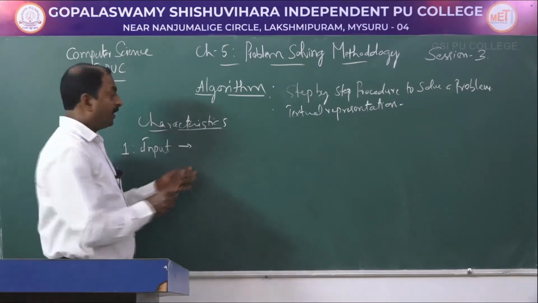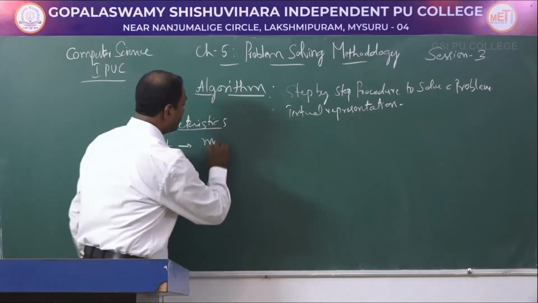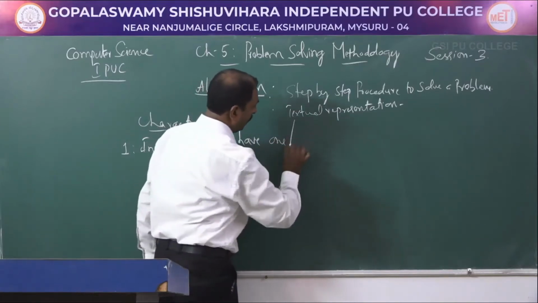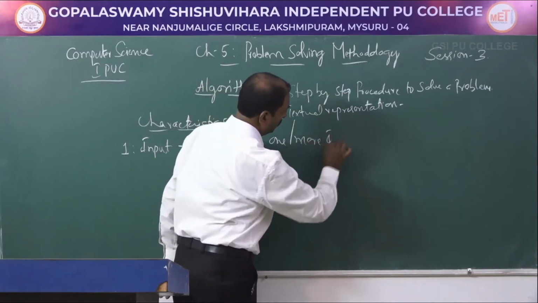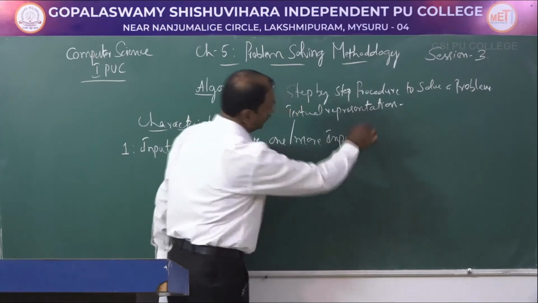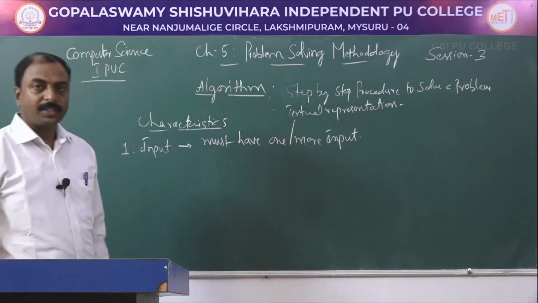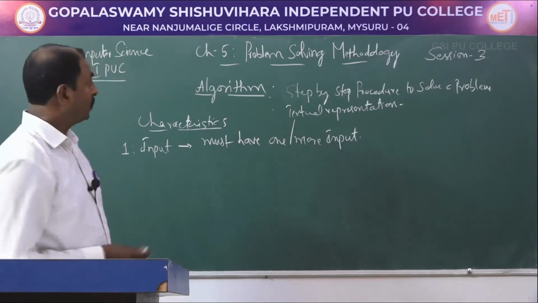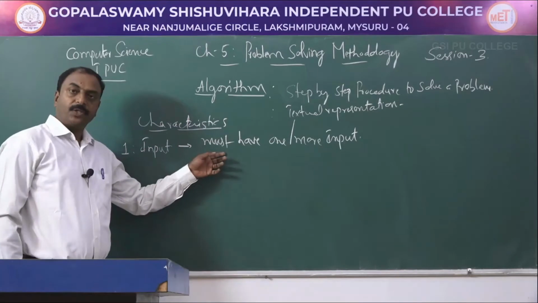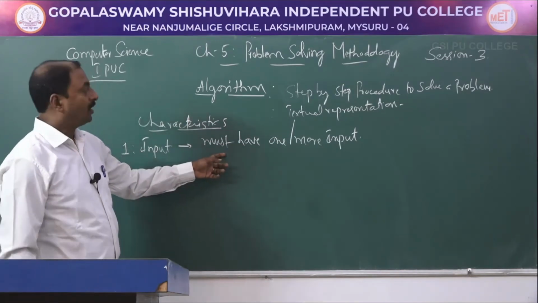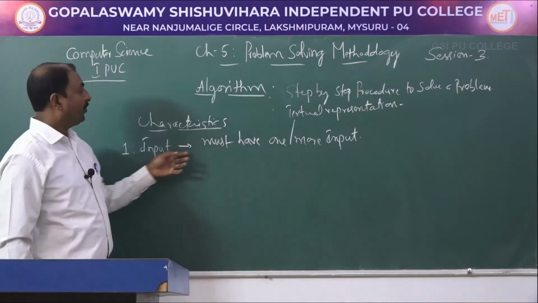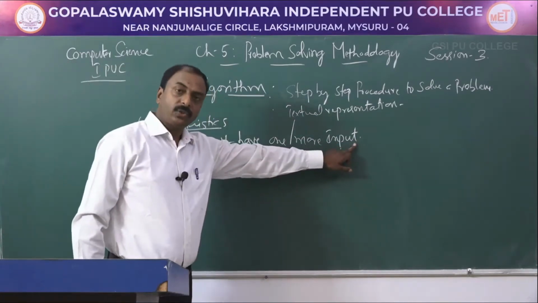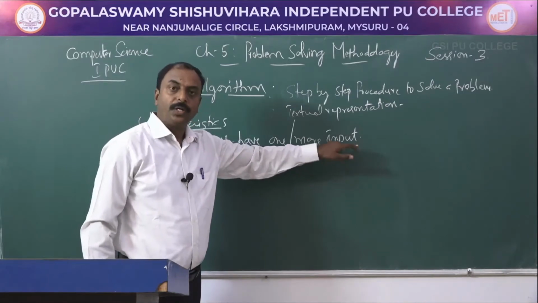Each and every algorithm must have one or more input for processing. You know that data processing is nothing but we have to feed the data, and the computer processes it. So here we have to input the data. Once the data has been input, the computer processes the data. Every algorithm must accept one or more input.